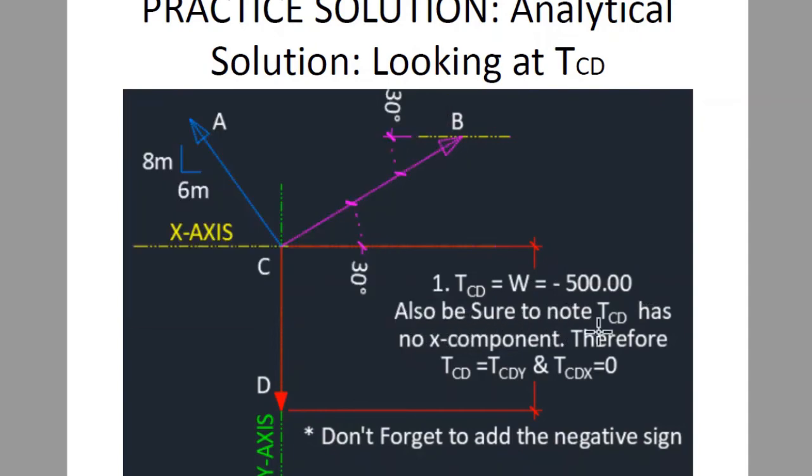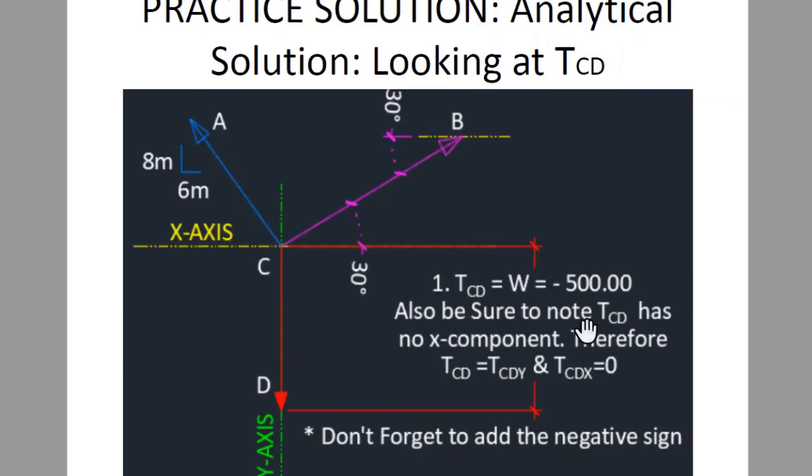Let's be sure to note that TCD has no x component. There's no angle here. It only goes directly downward. So we know there's no change in the x direction, only a change in y. And looking at the direction, we know that it's going to be a negative force.